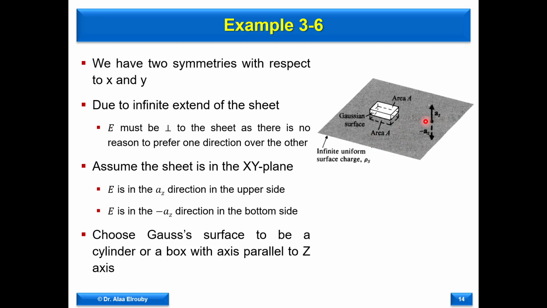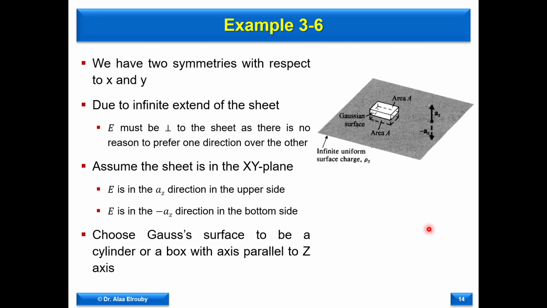In order to solve this problem, we're going to assume this surface charge distribution is on the xy plane, and we just said that the electric field is going up on the upper side and going down on the bottom side. So now we need to apply Gauss's law.